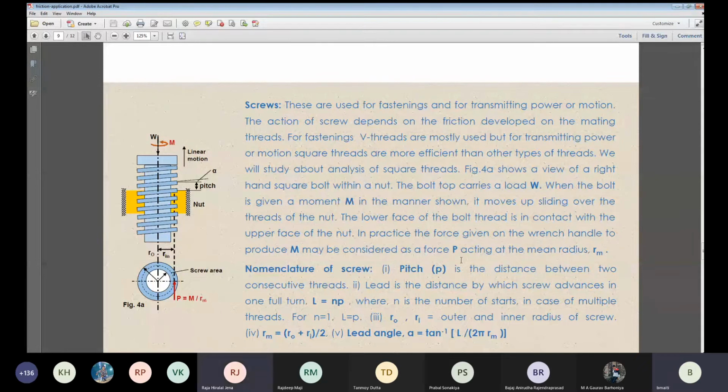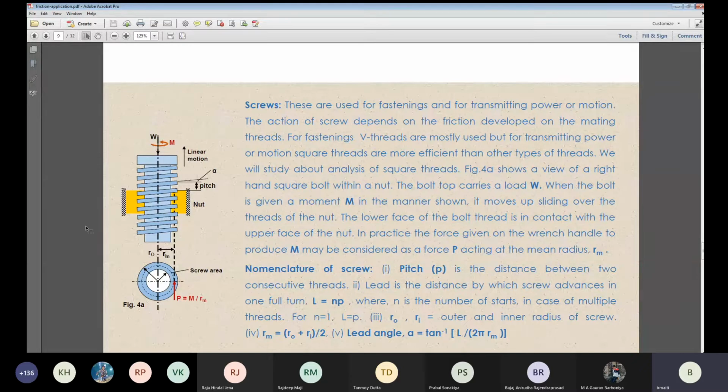Okay. Now what's happening? Look at this particular figure. If I measure from the same point on two consecutive threads, that is pitch. The distance between two consecutive threads is basically the pitch, because that is how much it advances by one rotation.